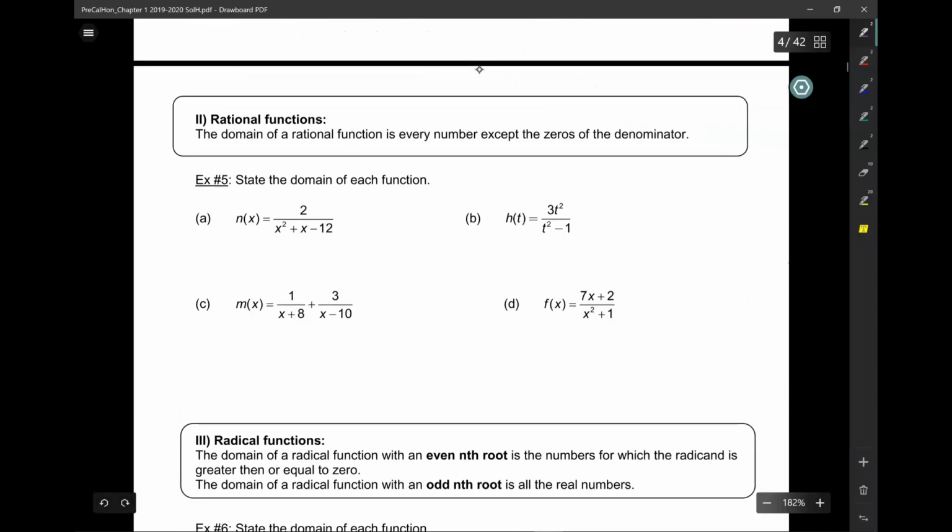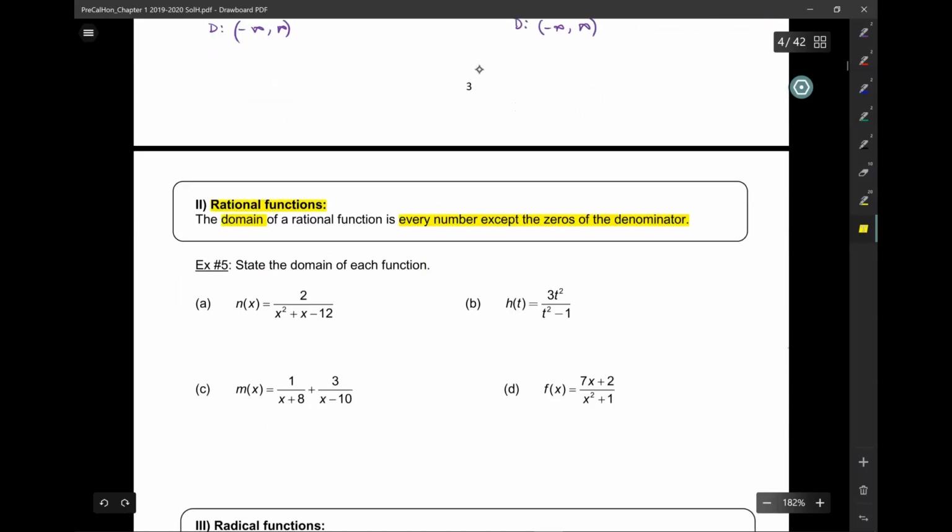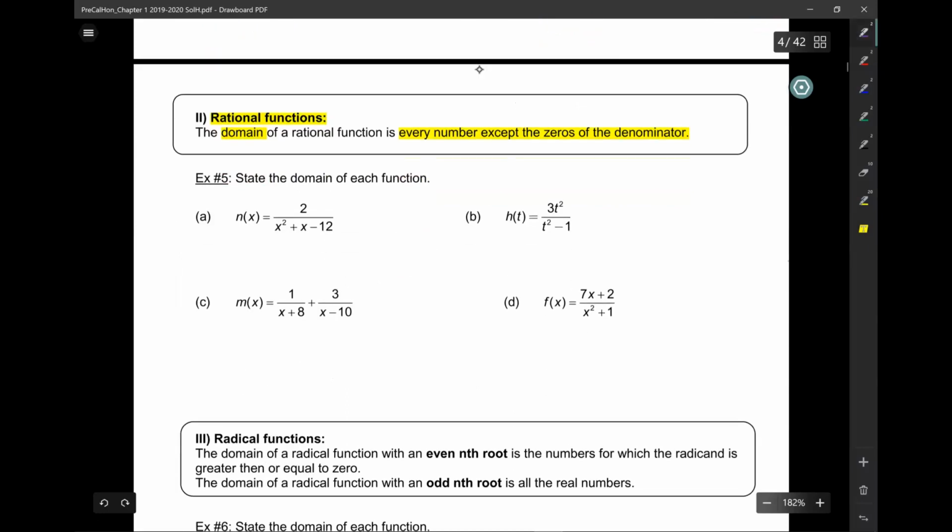We run into problems with rational functions. Basically, the domain for this is every number except for the zeros of the denominator. Okay? So first, find the zeros of the denominator and exclude them.